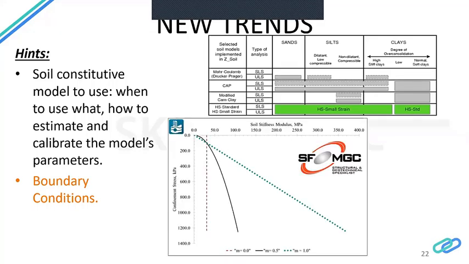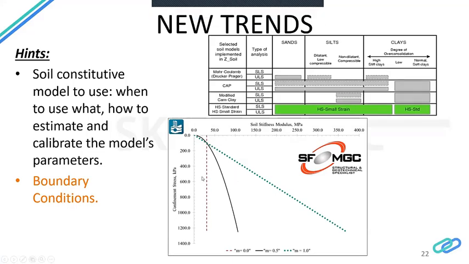For those who are familiar with the hardening soil model, it is important to develop a sense for what the soil constitutive model parameters mean. We have something in the hardening soil model called the power factor, M. If you have an M of 0, you will end up with a constant stiffness of the soil with depth, which is reflected here as the stress.